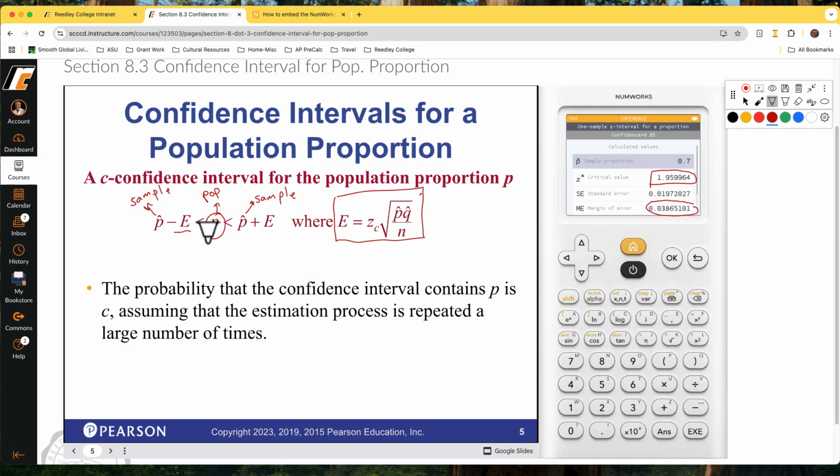We're calculating a margin of error, plus or minus, to get at what the population is. This is our confidence interval. And again, it's the idea that if we repeat this process a large number of times, we would have 95% confidence that the population proportion would be within this interval.